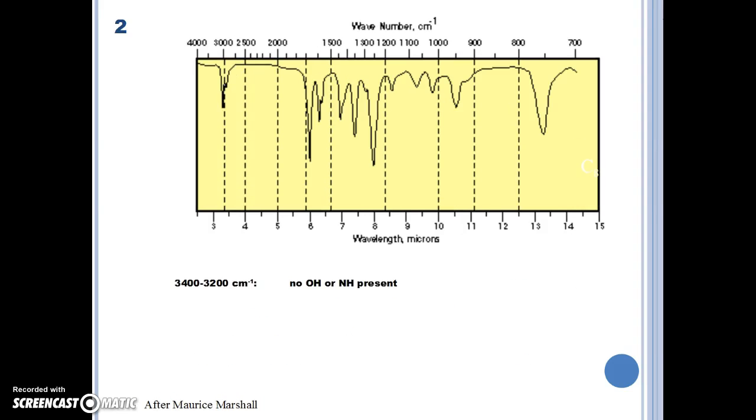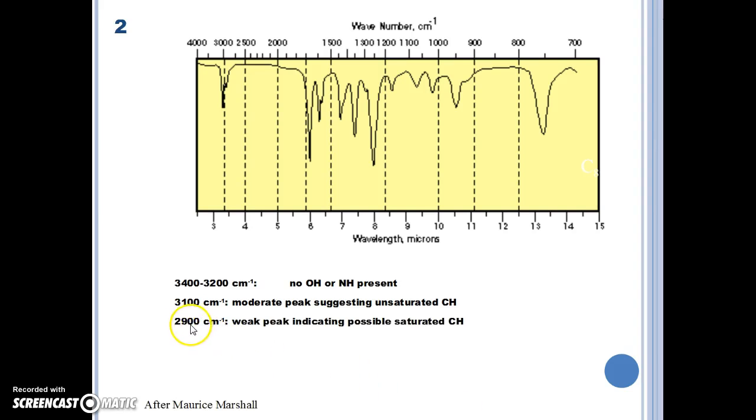Here's another example. Again, 3400 to 3200, nothing there. But a moderate peak here, suggesting some unsaturated carbon-hydrogen bonds. A weak peak at 2900 here, indicating a possible saturated carbon-hydrogen. No asymmetrical triple bonds, because this is empty of absorbance.